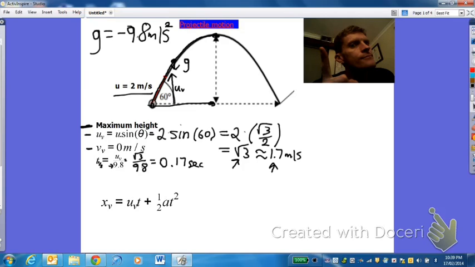From here, once we've got our time, then we need to do our last step, our vertical displacement. This is our maximum height. So let's work that out. I know my initial velocity is root 3, and now the time I've worked out is 0.17 seconds.